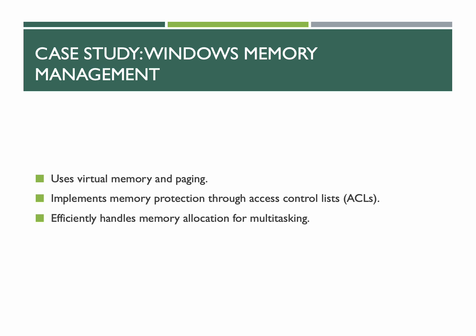Windows implements memory protection to prevent unauthorized access. Access control lists (ACL) define permissions, ensuring only authorized processes can access specific memory regions. This enhances system security and stability.